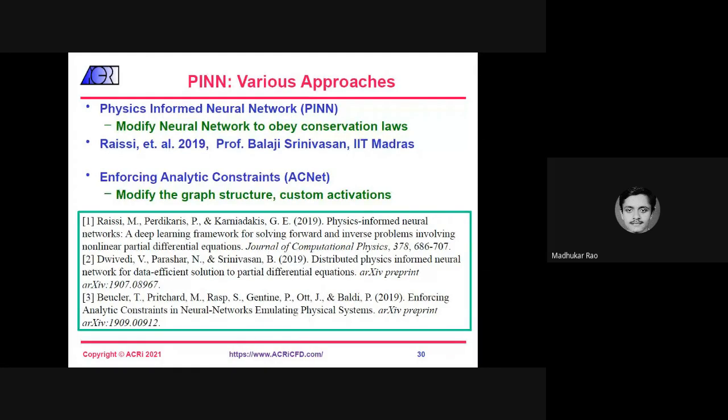So these people devised special activation layers which always enforce some of these inequality and equality constraints in the neural network. So this is also a paper that is very well worth going into for this purpose.